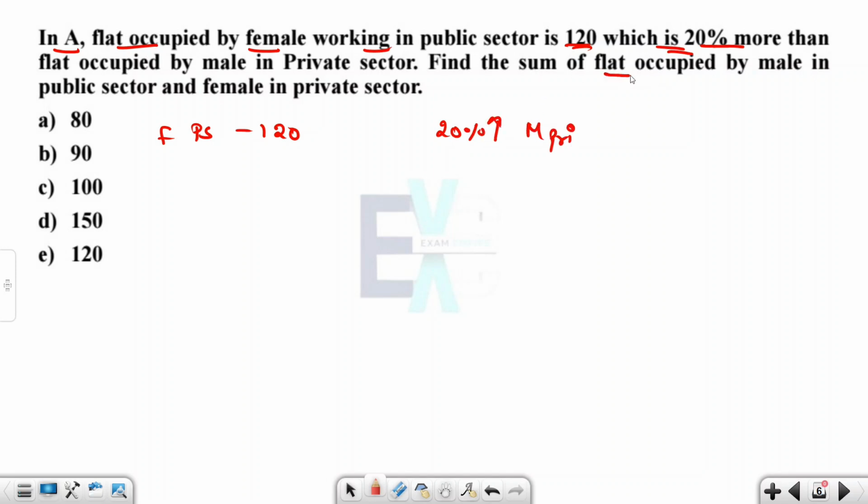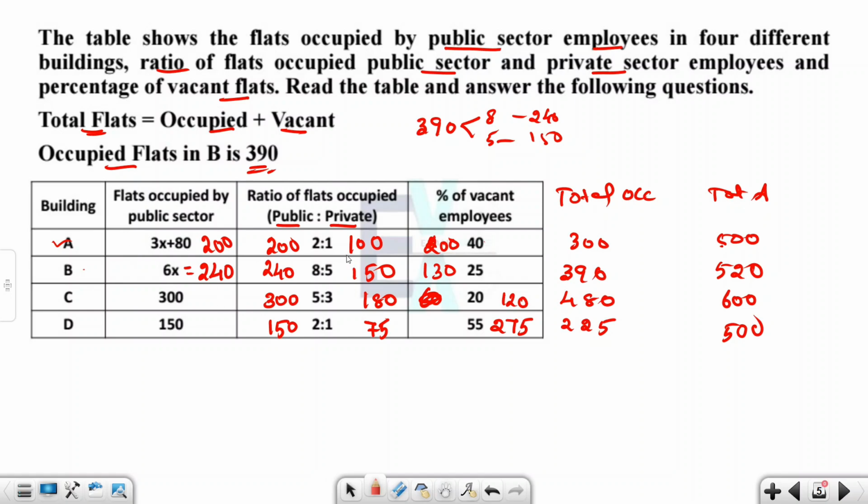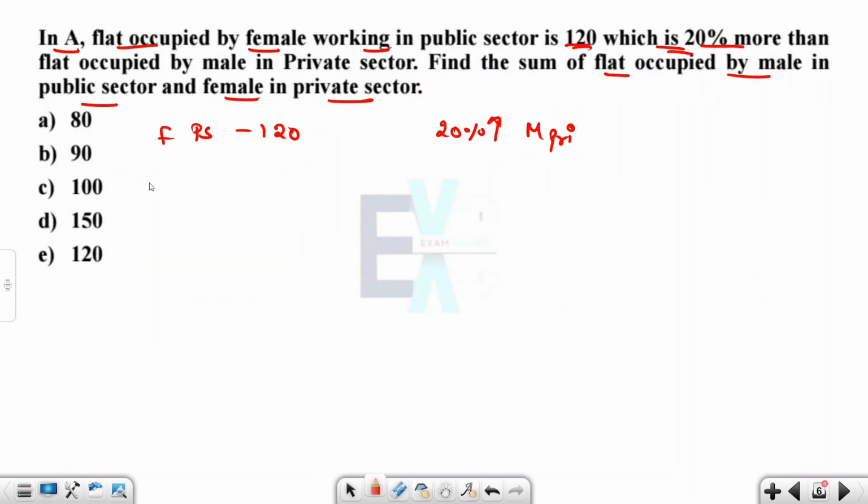Find the sum of flats occupied by males in public sector and females in private sector. Okay, fine. See here. So what is the number of persons occupying building A in public sector? 200. Okay, so out of 200, 120 are females. That means the remaining 80 are males.